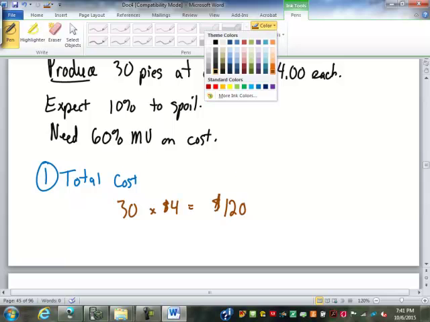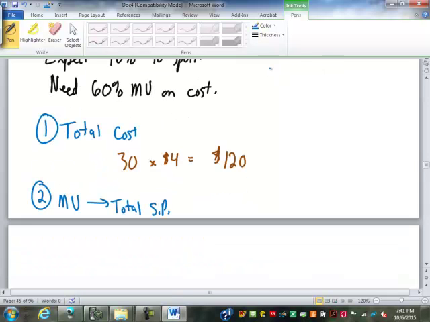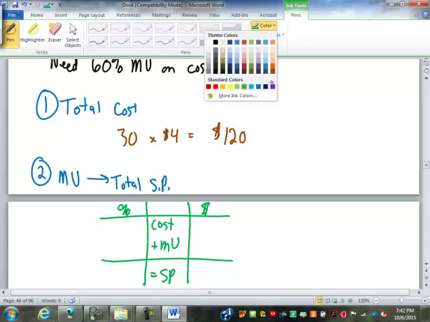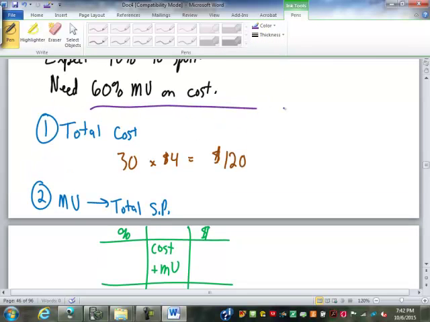What's step two? Use the markup to find the total selling price. So cost plus markup equals selling price. What's going to go in the chart here? Cost is $120, perfect.